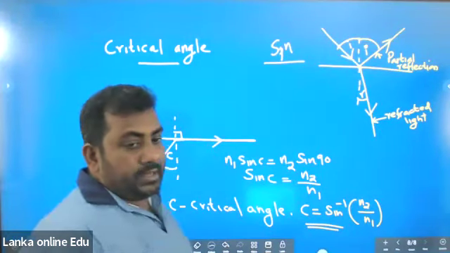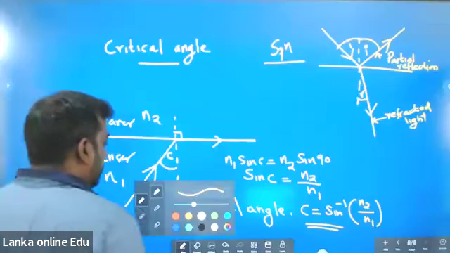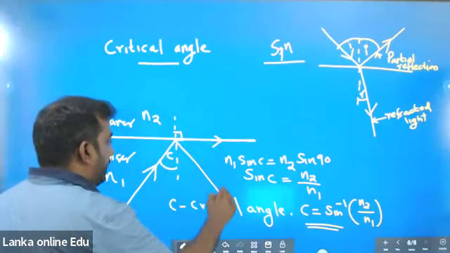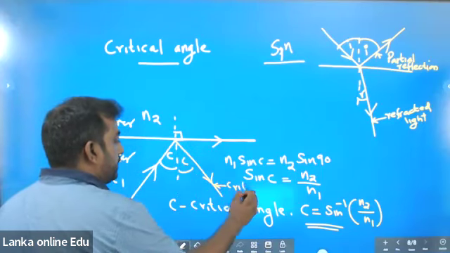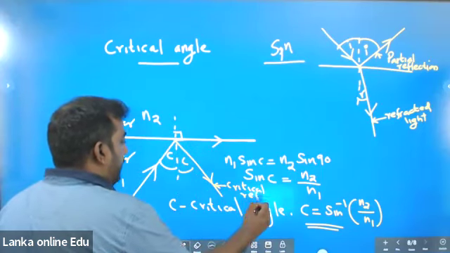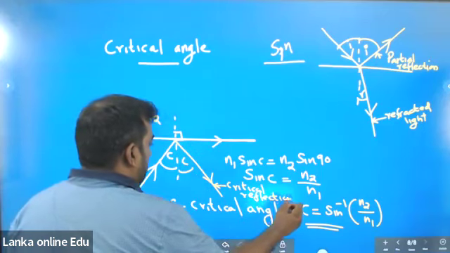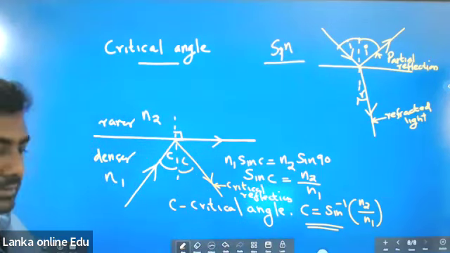So even at the critical angle, there can be reflection taking place. We call this critical reflection. Okay, critical reflection.